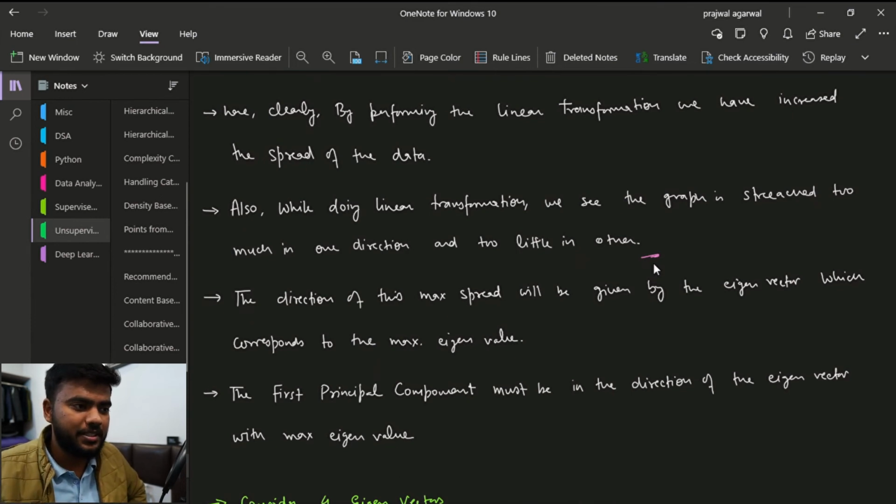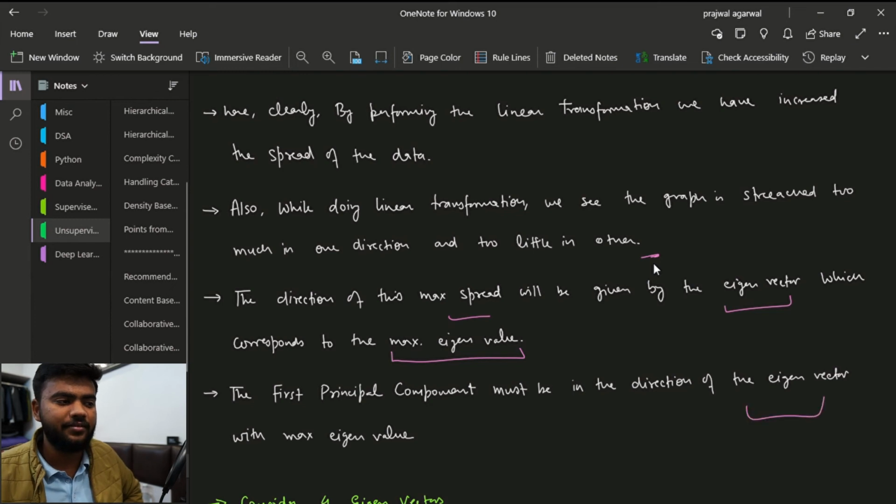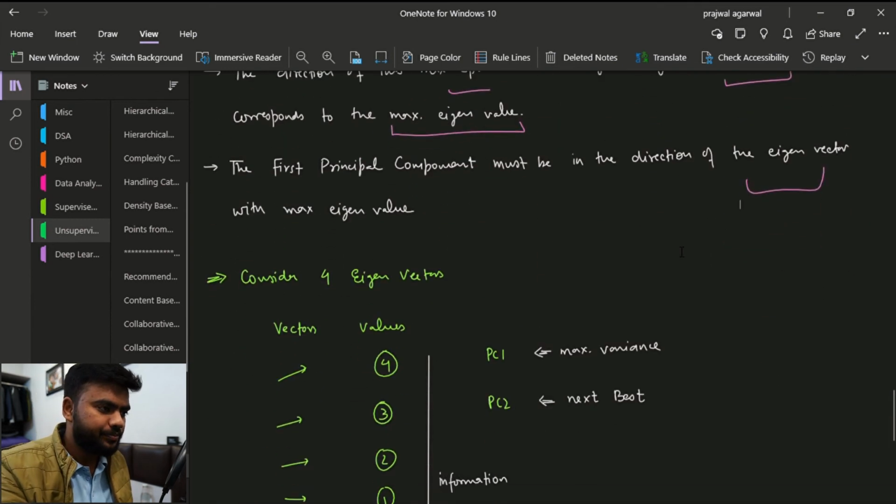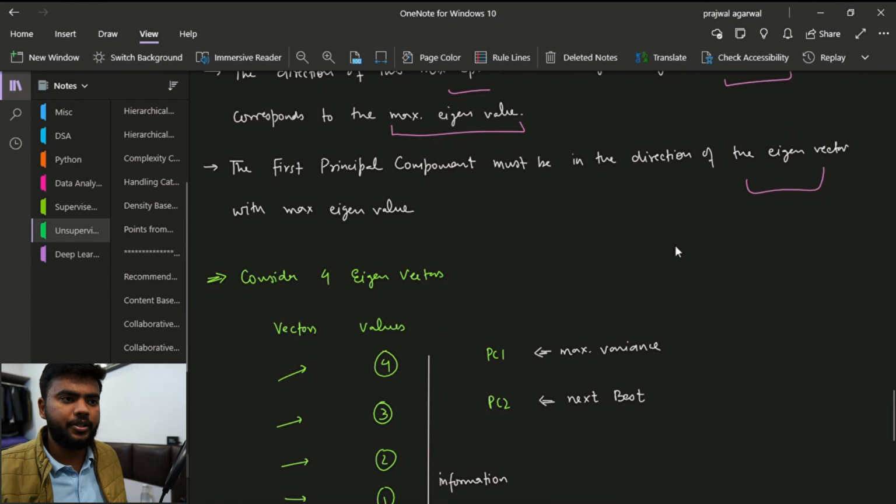The direction of this maximum spread will be given by the eigenvector which corresponds to the maximum eigenvalue, and the first principal component must be in the direction of this eigenvector only, the one corresponding to the maximum eigenvalue.